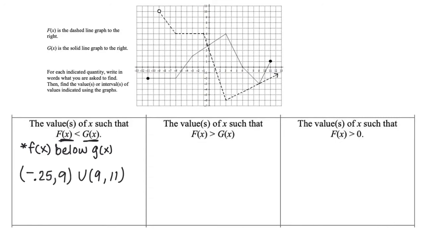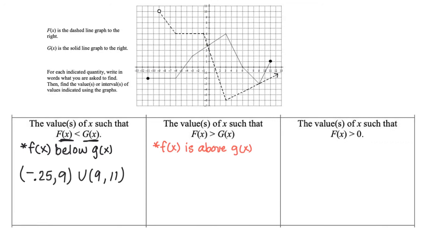Okay, for our next part, we have the values of x such that f of x is greater than g of x. So now this is going to be where we have f of x above g of x. So again, we're going to have an interval here, and we're going to go above. So where are we going to have those values?